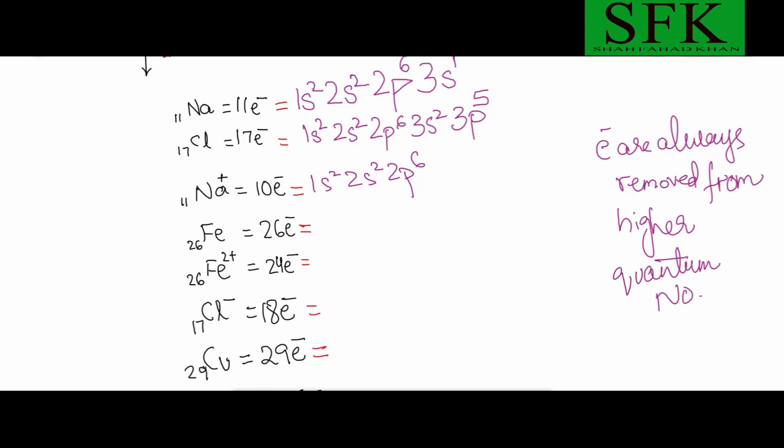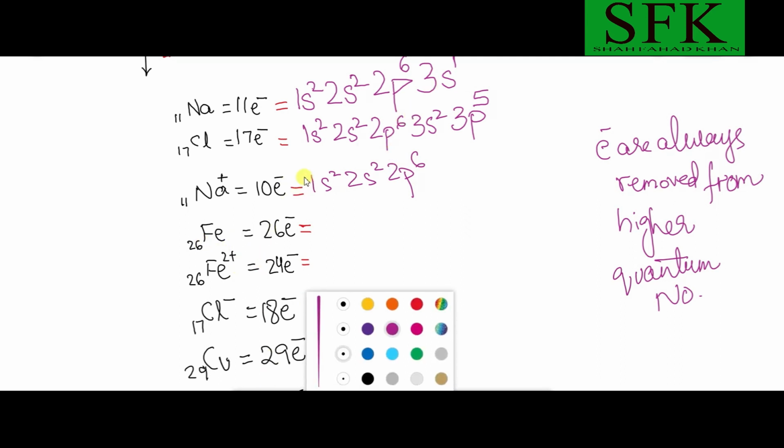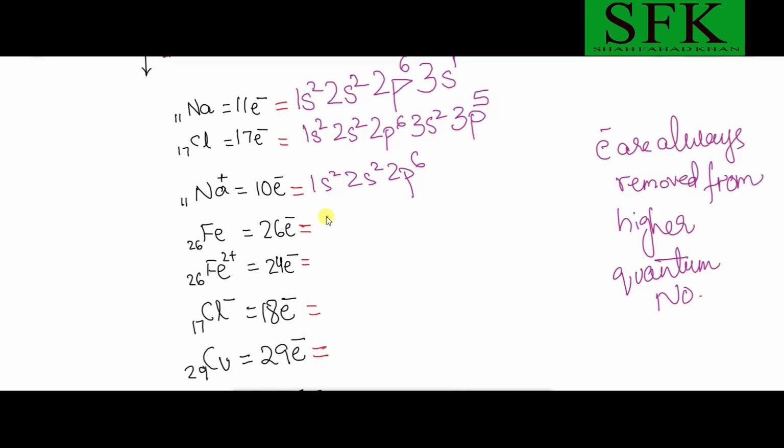Then comes iron. Again, the Aufbau principle is going to apply: 1s2, 2s2, 2p6, 3s2, 3p6. Till now we've taken care of 18 electrons.